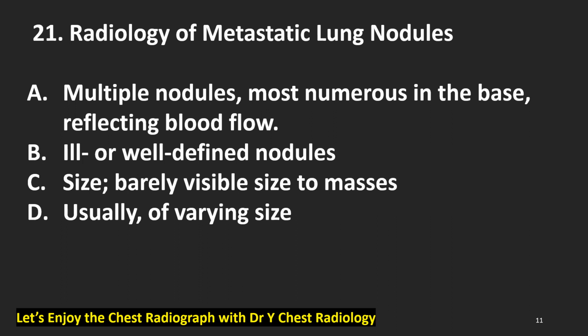Radiology of metastatic lung nodules. A. Multiple nodules, most numerous in the base, lower lung zone, reflecting blood flow. B. Ill-defined or well-defined nodules. C. The size of the nodules is very variable, micronodules to masses. D. Usually of varying size.